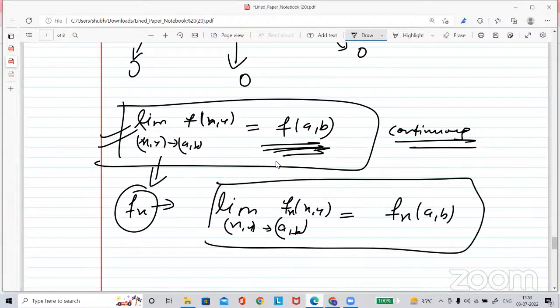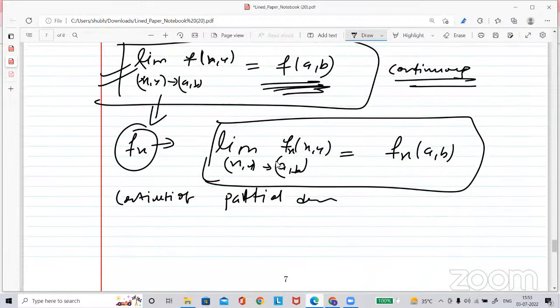That's about the continuity of the partial derivative. This is for the partial derivative with respect to x. The partial derivative with respect to y is the same. You can change x with y.